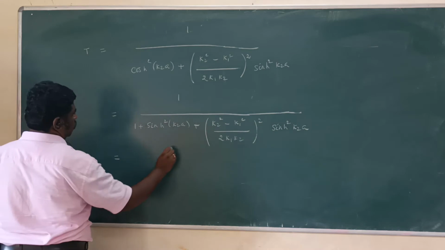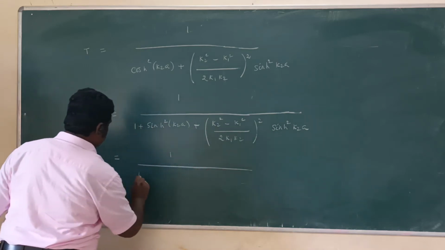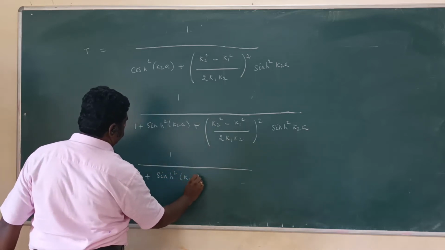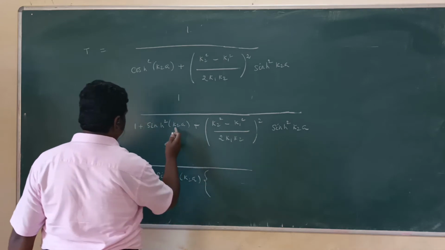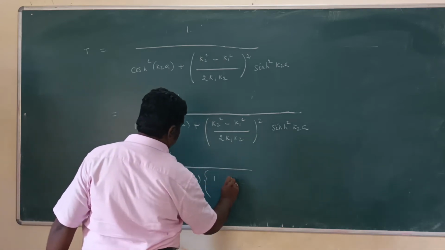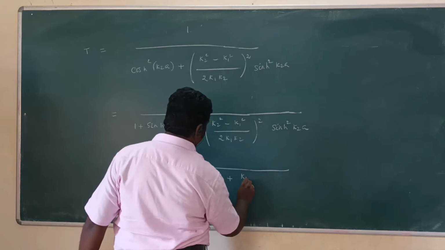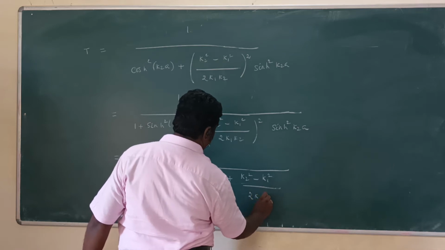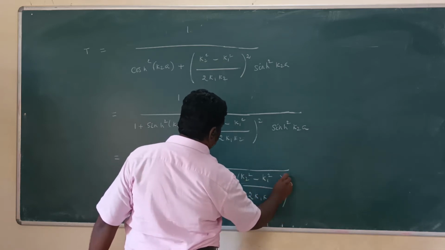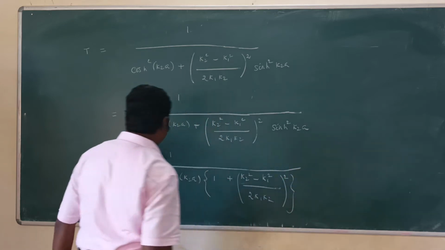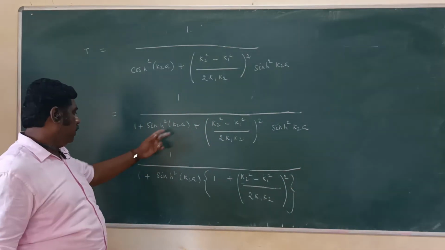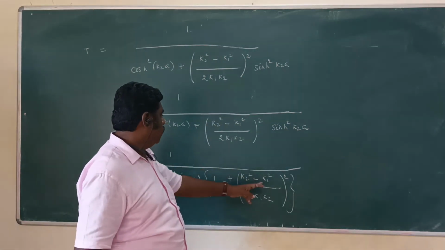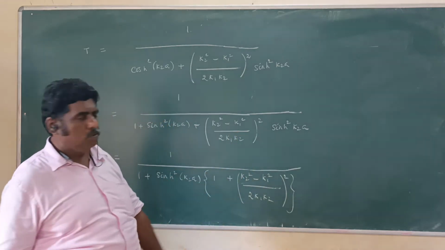This is equal to 1 divided by 1 plus sinh square k2a into, taking sinh square k2a as a common term, 1 plus (k2 square minus k1 square) whole divided by 2 k1 k2 whole square. See, I have taken sinh square k2a outside, so the remaining term is 1 plus the entire term (k2 square minus k1 square) divided by 2 k1 k2 whole square.